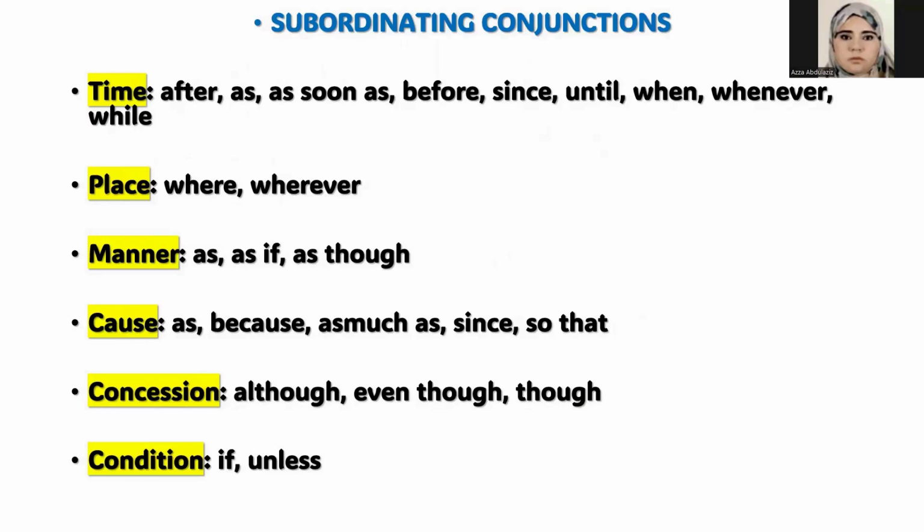For cause, like as, because, as much as, since, so that. For concession, like although, even though, and though. For conditions, like if and unless. Clear? Okay, let's move on to the next step.